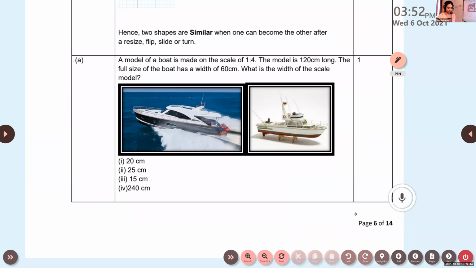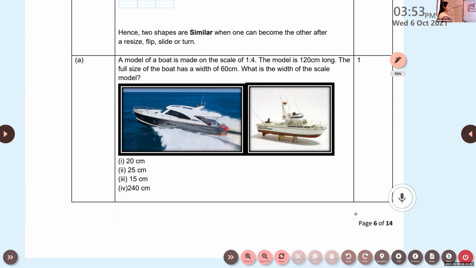Calculate it and give the answer. Try this one and give the answer. What will be the answer?